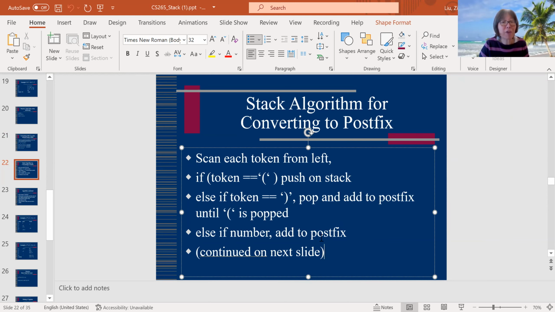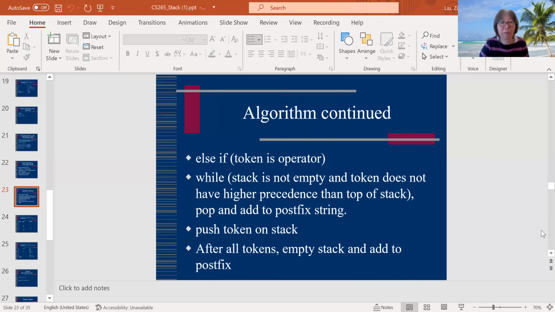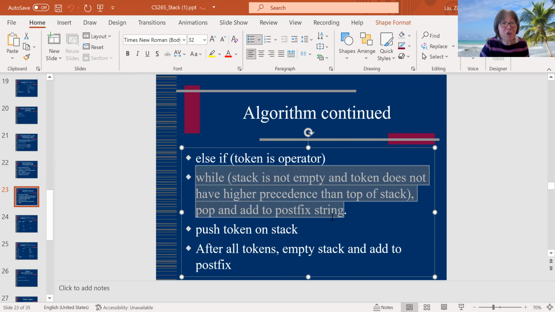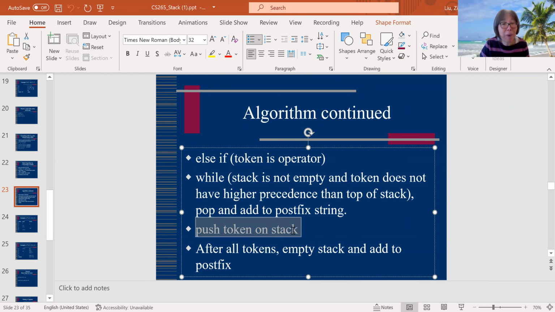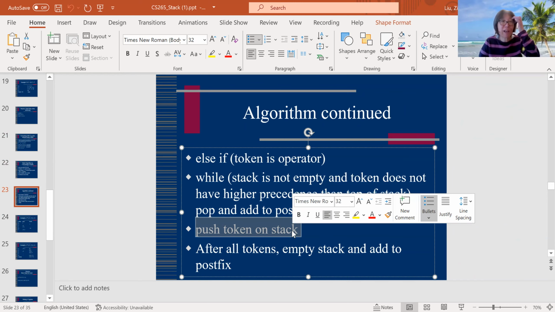If it's a number, you just add it to postfix. If the token is an operator, it's a little more complicated. You need to compare with the top: while the stack is not empty and the token does not have higher precedence than the top of the stack, you pop and add to postfix. After you finish this loop, you need to push the token back to the stack. I forgot that step.